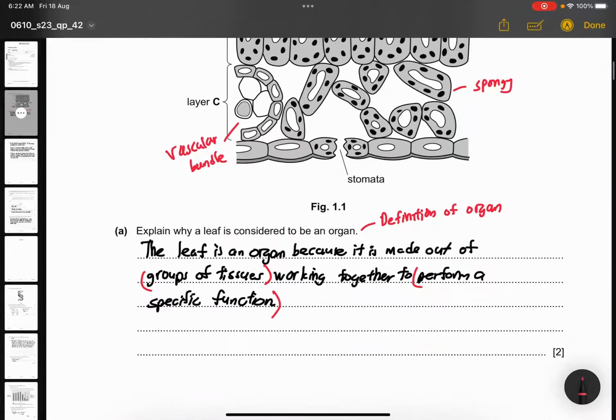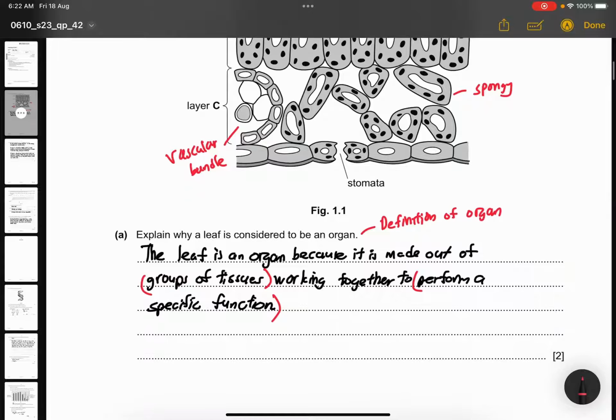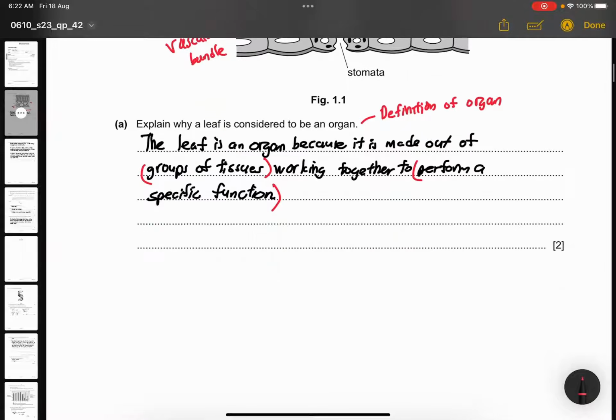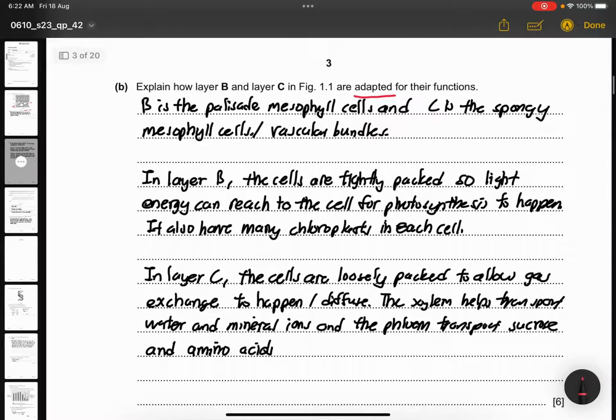I found out that it's acceptable that the vascular bundle and spongy mesophyll cell can both be mentioned. So how you're going to write this answer is by firstly stating what layer B and layer C are. B is the palisade mesophyll cell and C is the spongy mesophyll cell and the vascular bundle.